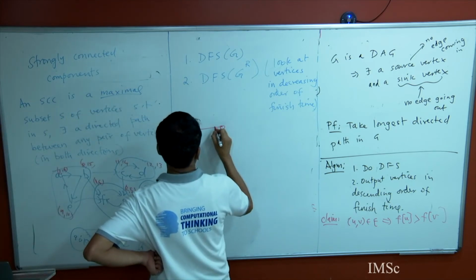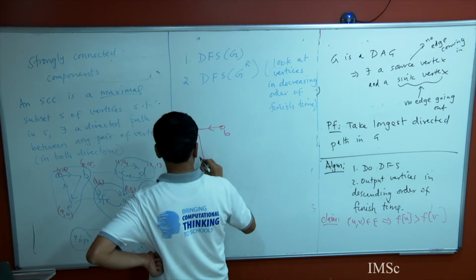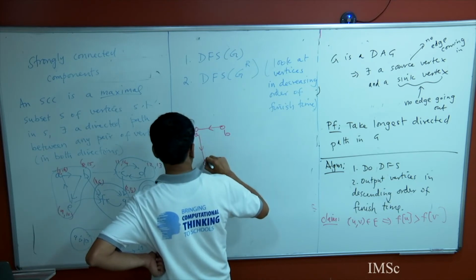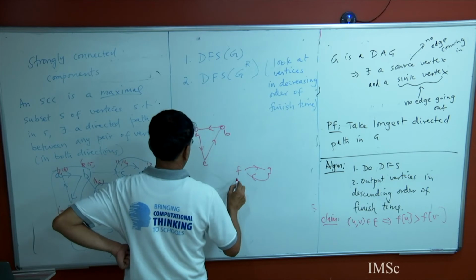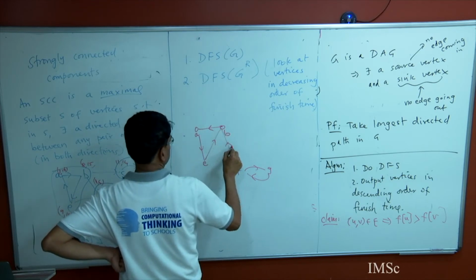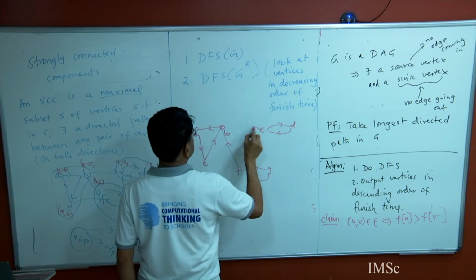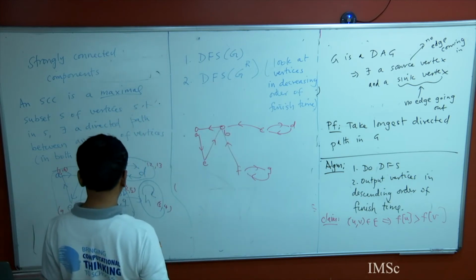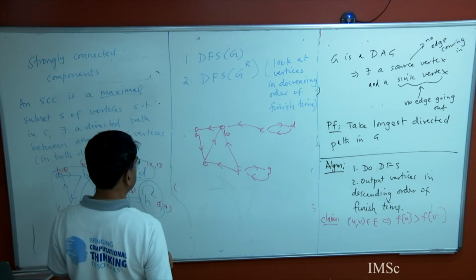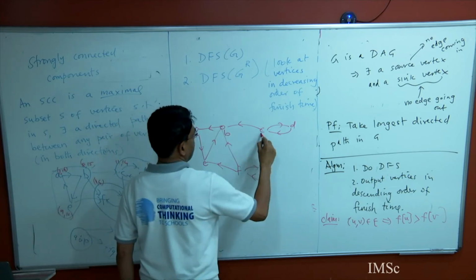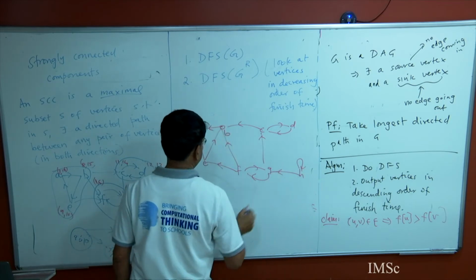So the reverse of this graph will look like B, A, E to B, and I have an F and G and an F to B, and I have C, D, and C to B. Okay, and F to E. And there is G to C and H to G. Okay, so this is the reverse of this graph.